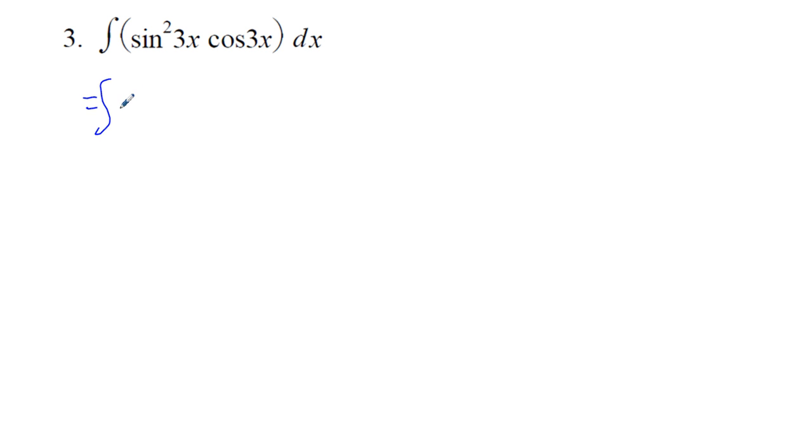This sine squared 3x, I'm going to rewrite as sine 3x squared, because that's what sine squared 3x is, cosine 3x dx. What I'm going to do is let u equal sine 3x. So let u equal sine of 3x.